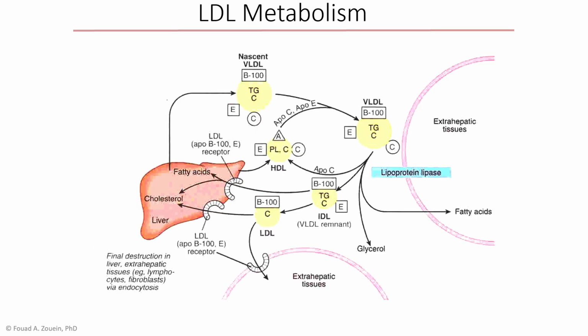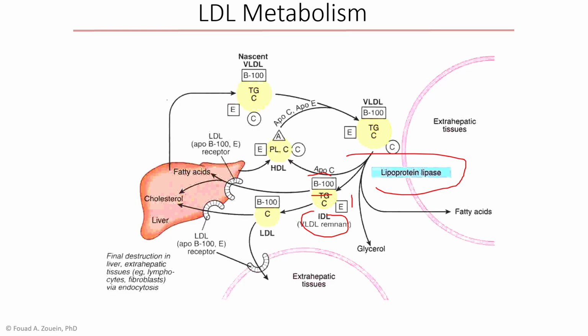This is just a summary. We showed the slide before and nothing has changed here. It's just a summary of how VLDL is formed, how it transforms, how it gives away the ApoA in exchange for ApoC and ApoE from HDL, and how it's acted upon by lipoprotein lipase to be then hydrolyzed into the VLDL remnant, the IDL that has the ApoE and ApoB100.